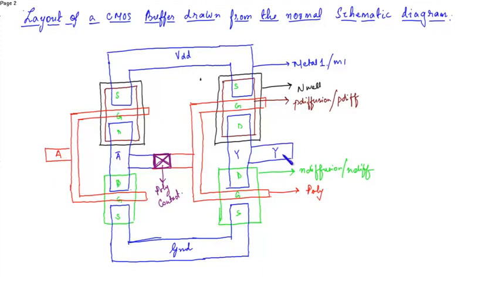Input, output. Now you have to place the contacts in the diffusion layers and the substrate. In order to make a contact between the metal layer and the P diffusion layer, you have to place a P diffusion contact.